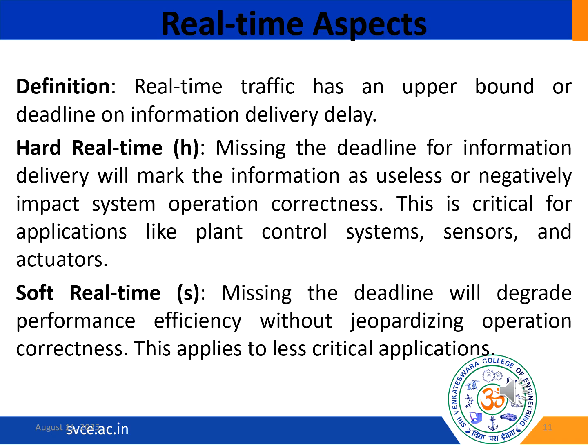Missing the deadline for information delivery will mark the information as useless or negatively impact system operation correctness. This is critical for applications like plant control systems, sensors, and actuators. In a control loop, the closed system uses a communication network.